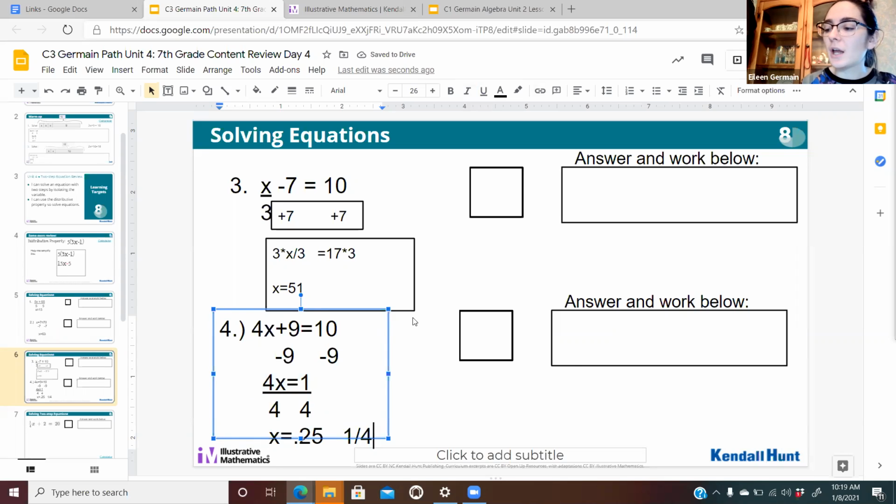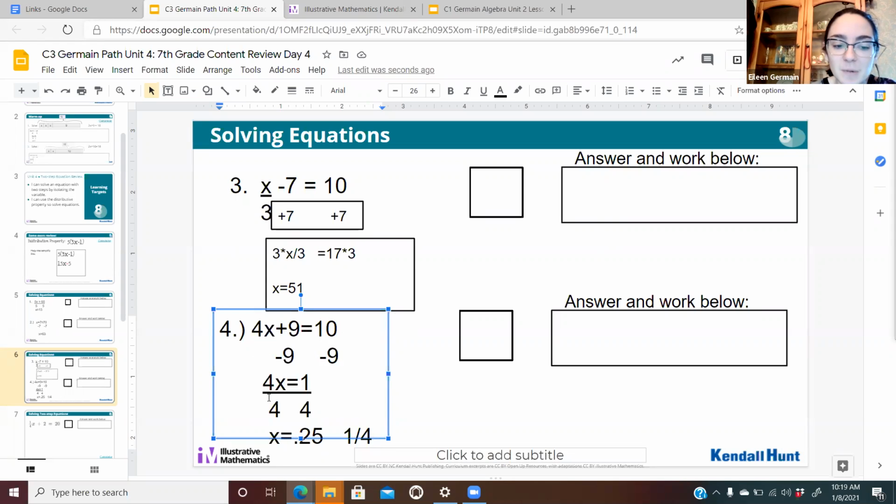Nice job, Avery. So Jaden, I think you got halfway there, and then we just needed to keep going. So we subtract 9 from each side, thank you, Bridget, that was awesome. Awesome work there. Subtract 9 from each side, and we're left with 4x is equal to 1 because 10 minus 9 is 1.